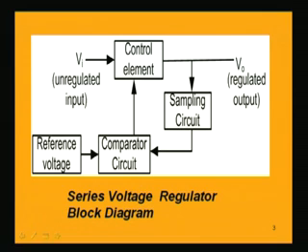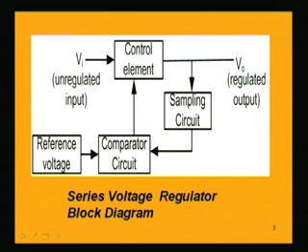Now, a comparator means it compares two voltages. The voltage coming from the output through this feedback circuit, which is a sampling circuit, is compared with a reference voltage. So, there is a reference voltage being given here in the comparator circuit. The output voltage is compared with the reference voltage, and then it drives this control element.